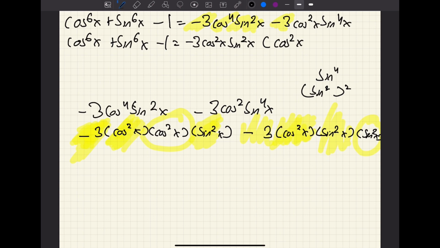Okay, so we took negative 3 as common. So when you take negative 3 as common, you'll have to change this to positive sine square x. I hope you guys understand what I did here. Because when you multiply minus 3 with sine square x over here, it would become minus 3 cos square sine to the power 4x.